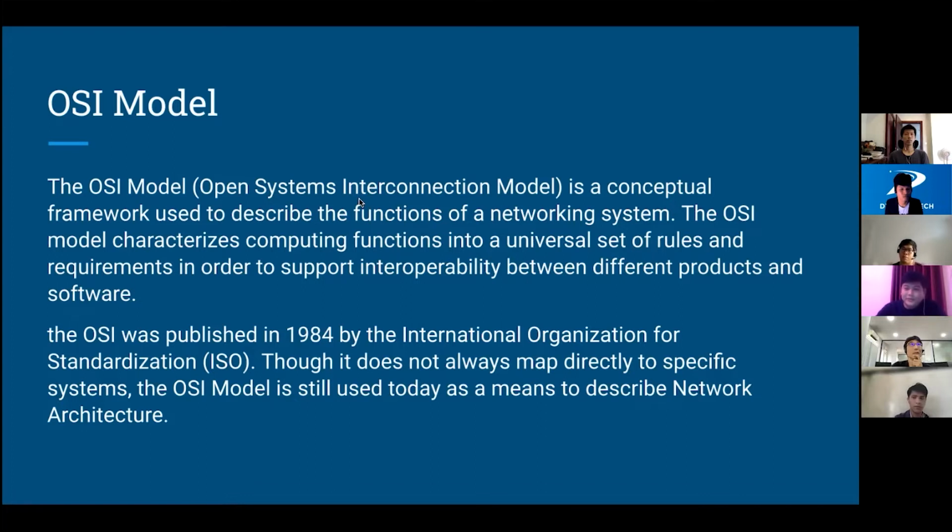It was created so that different products can communicate with each other. For example, one office uses IBM and another office uses Cisco, so they have to respect the OSI model to communicate with each other. It was established in 1984 and is currently still used in network architecture.